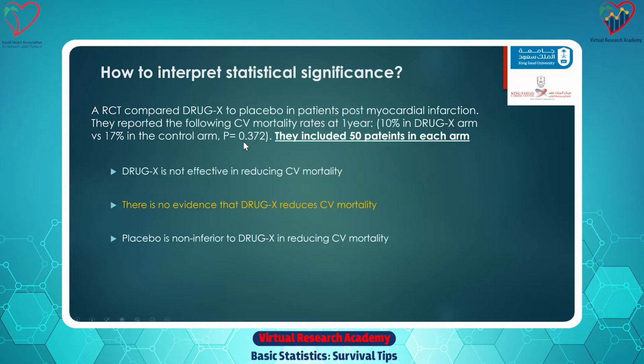Because the p-value was not significant using the conventional 0.05, not because drug A is not effective. It's just, this is underpowered. In fact, there was less cardiovascular mortality. You just didn't have enough patients in the study.